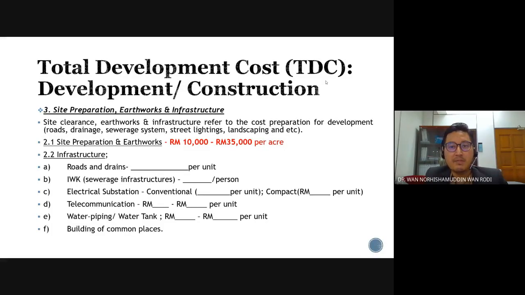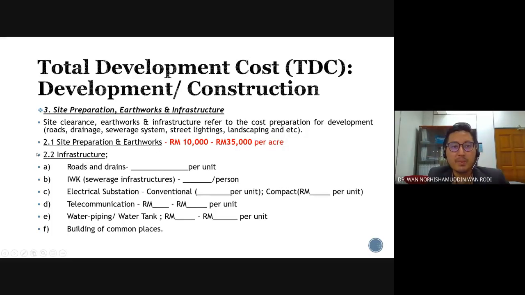For example, if the site is undulating in terrain, you have to make it flat using the cut and fill method. This is one of the site preparation works that needs to be conducted before we proceed with our building construction. The cost is between 10,000 to 35,000 per acre. This is just a rough estimation on the site preparation.